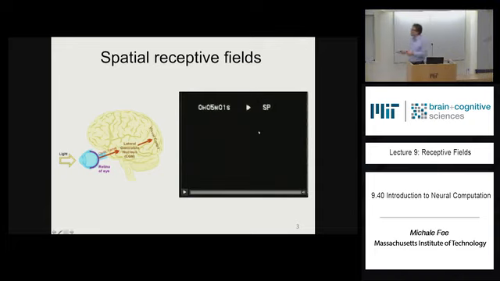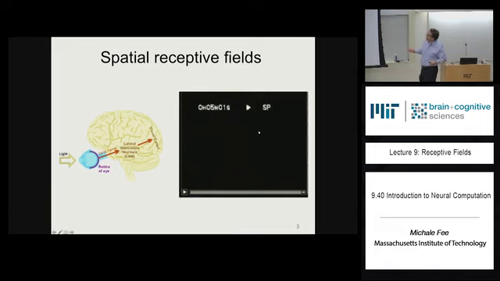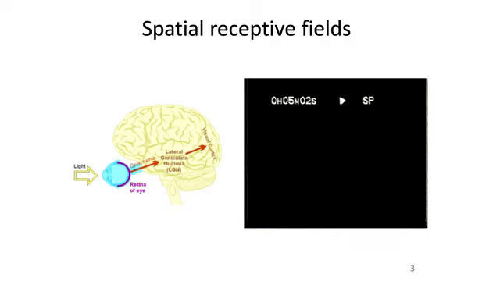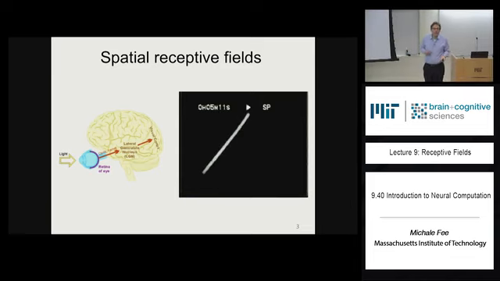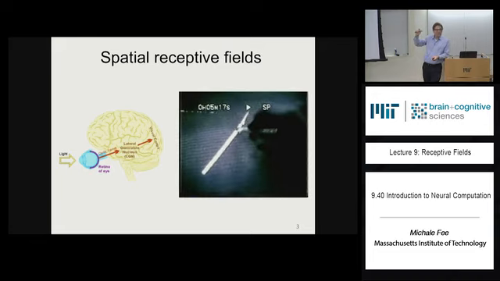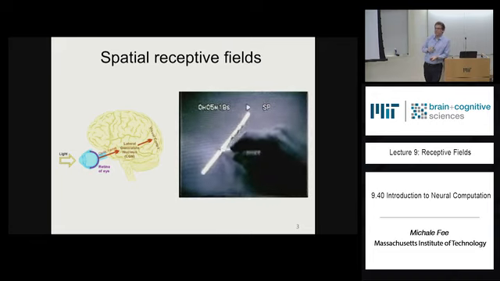That was actually a cell, I should have said, that's in the thalamus, that projects to visual cortex. Okay, so that was a thalamic neuron. Here's what a neuron in cortex might look like. So they started recording in the thalamus. They saw that those neurons responded to spots of light in small parts of the visual field.